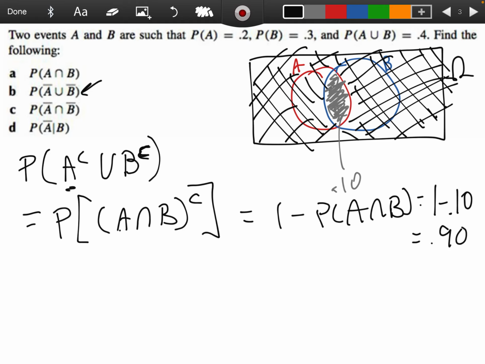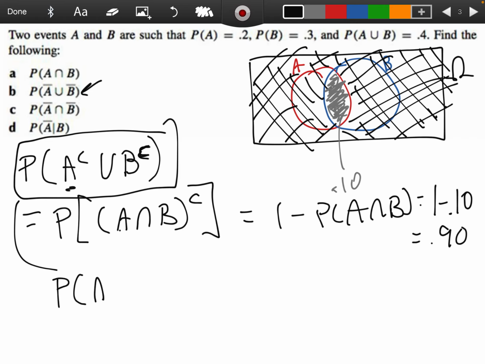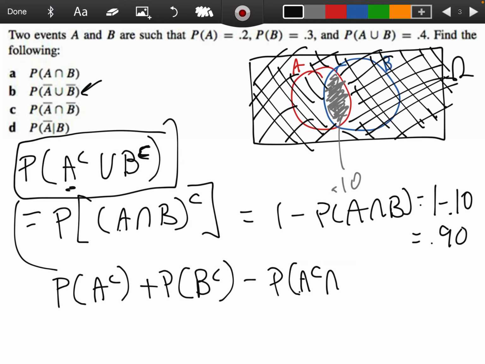What if we also note, we have some rules for unions, right? This is the probability of A complement plus the probability of B complement minus the overlap, the probability of A complement, B complement.